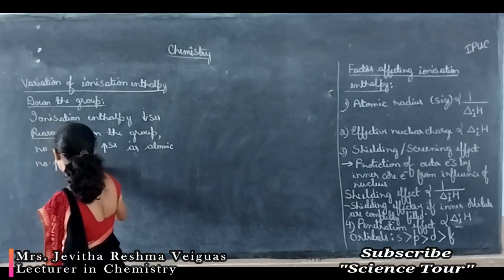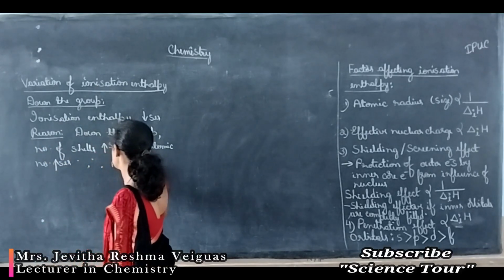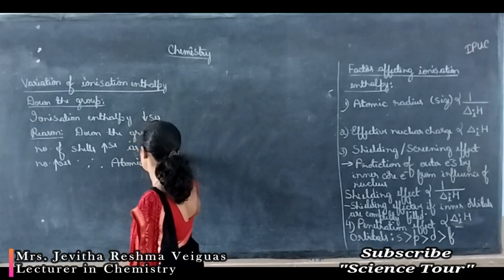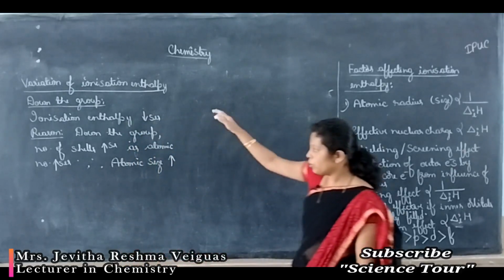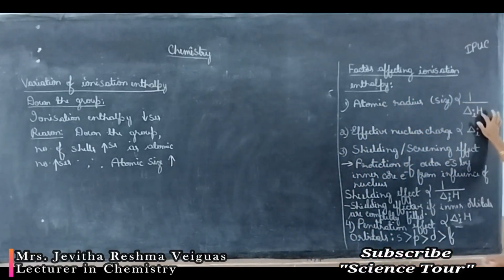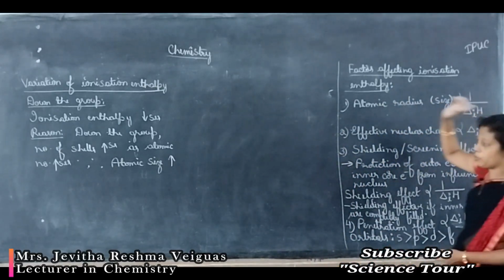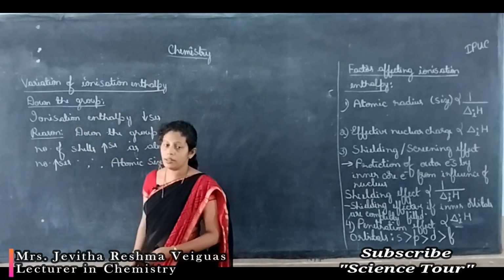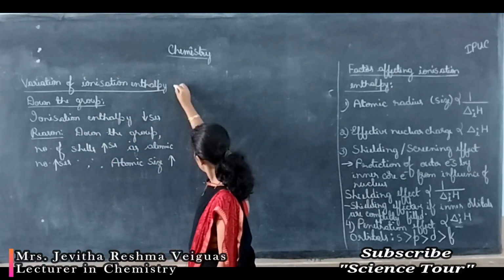Therefore atomic radius or atomic size increases. As we move down the group, atomic size increases. Atomic size and ionization enthalpy are inversely proportional. So as atomic size increases, ionization enthalpy decreases.